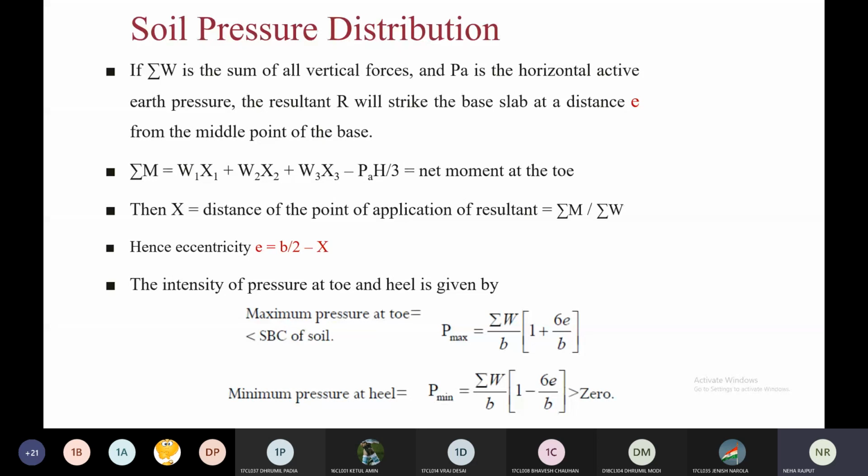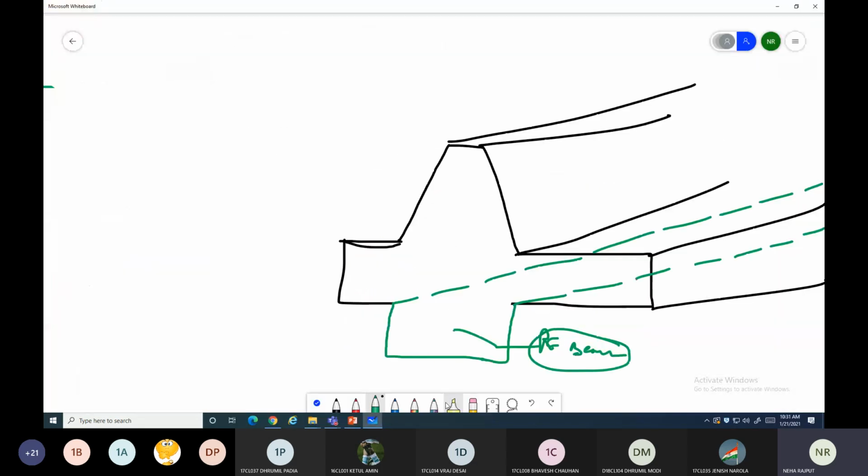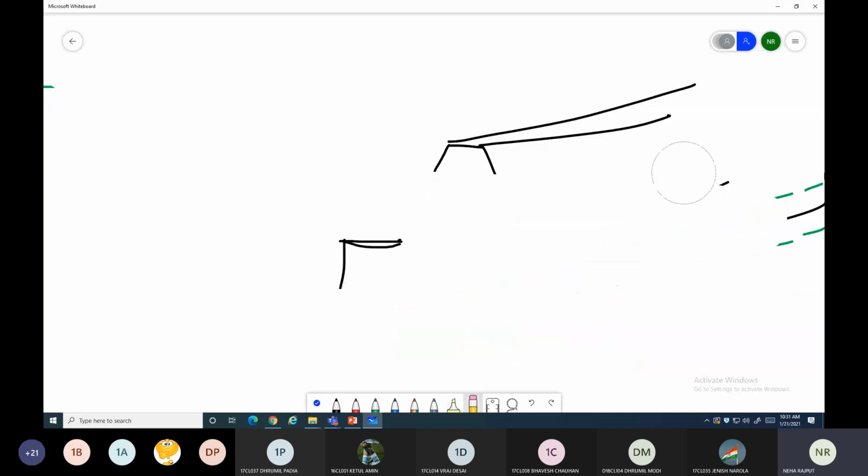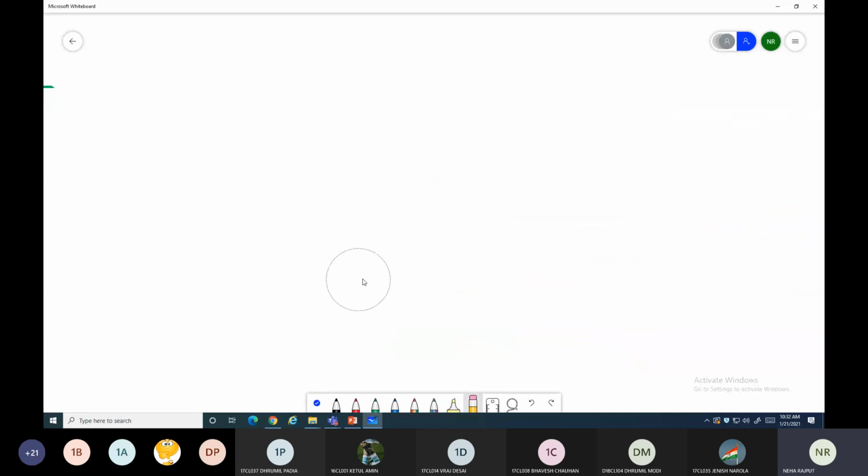And second thing, the P minimum value, that is minimum pressure value, should be more than zero, means your P minimum value may have zero value or positive value but not a negative value. The disadvantage if you get P minimum value as negative means your pressure distribution diagram will change from positive to negative, and in that case what will happen to your structure?